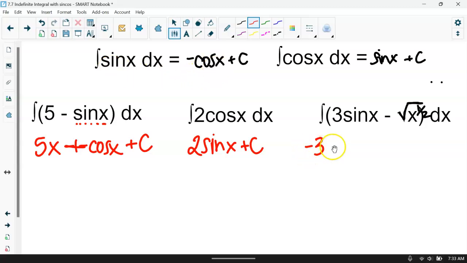So -3 times cosine of x. And here, after adding 1, this is minus, so now your new exponent, right? Because this represents 2 over 2 is x to the 3 over 2. Then divide by your new or multiply by the reciprocal. So this becomes minus 2/3 x to the 3/2 power plus c.